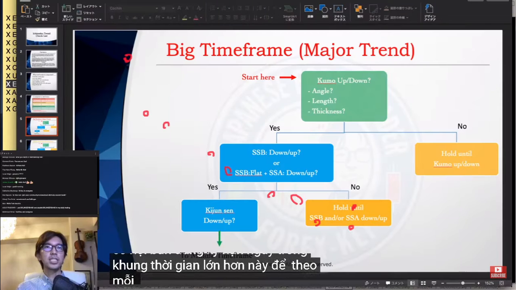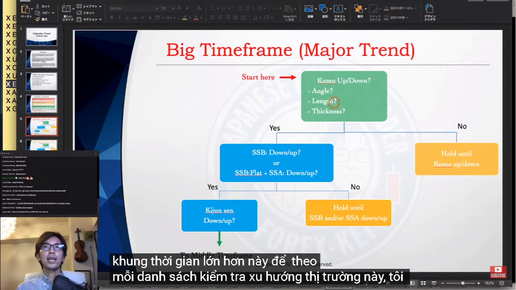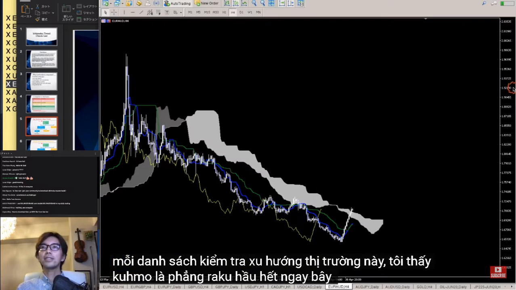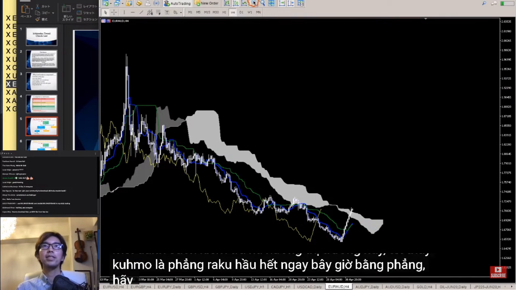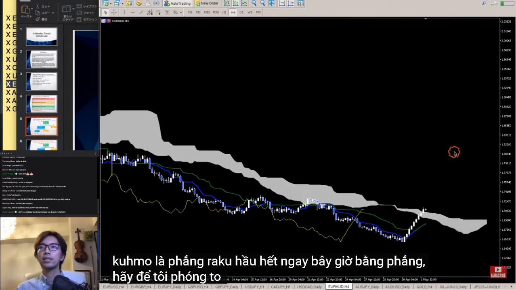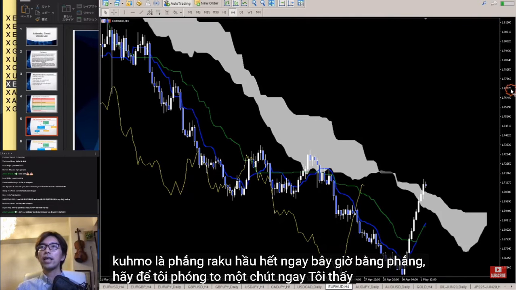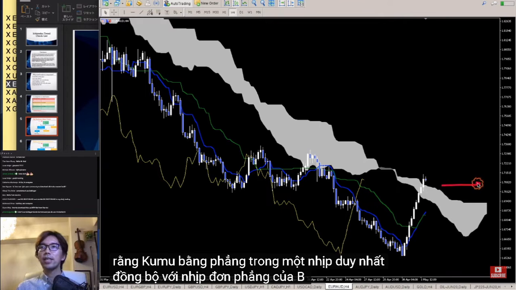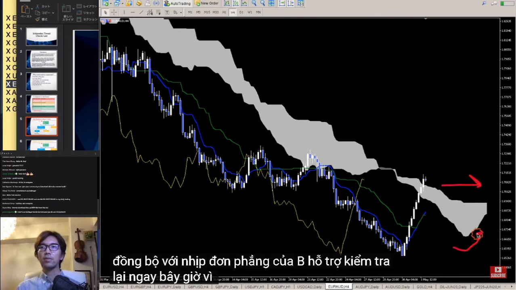So as per this Ichimoku trend checklist, I see the Kumo is flat, right? The Kumo's right now flat. Let me zoom in a little bit. I see that the Kumo is flat and Senkou span A, Senkou span B is flat, Senkou span A is retracing right now.